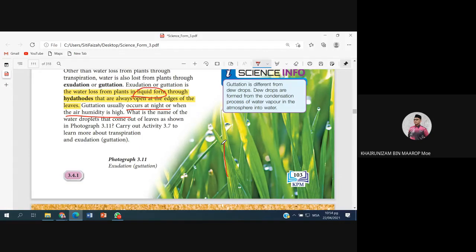So kalau kamu tengok di hujung-hujung daun ada air macam ini, water droplets, dia tidak semestinya berasal daripada dewdrops. Okay, kalau dewdrop itu kita boleh tengok dia di atas permukaan daun. Maybe di sinilah dewdrop.